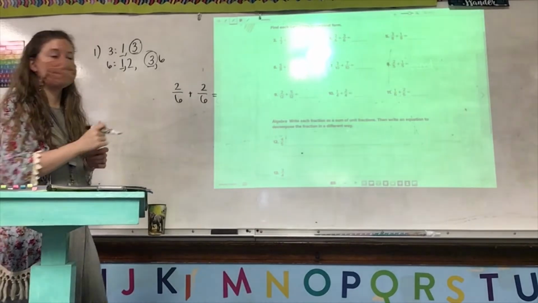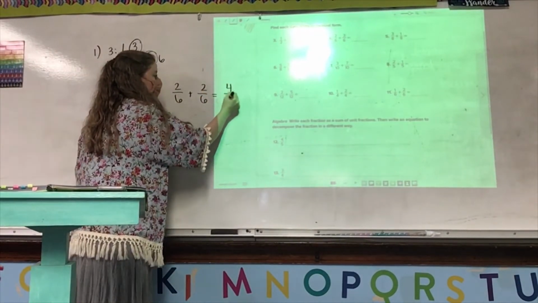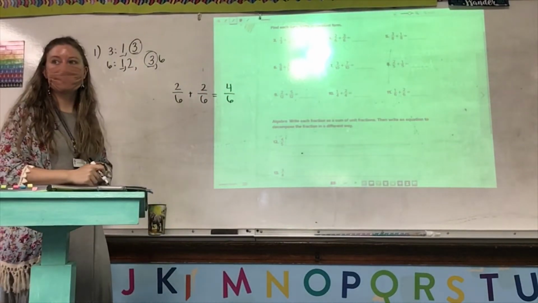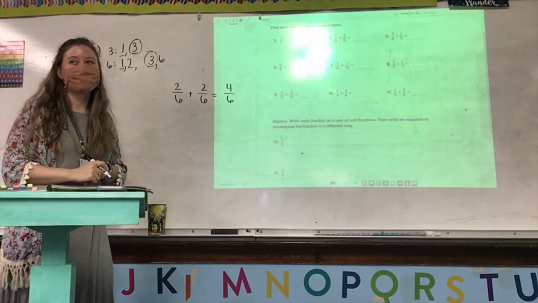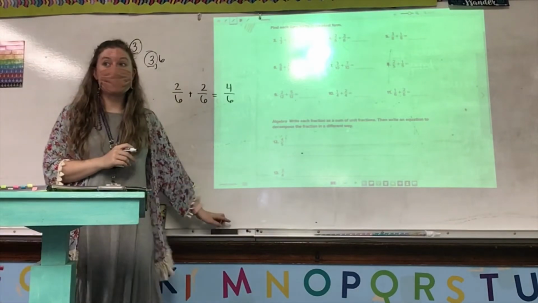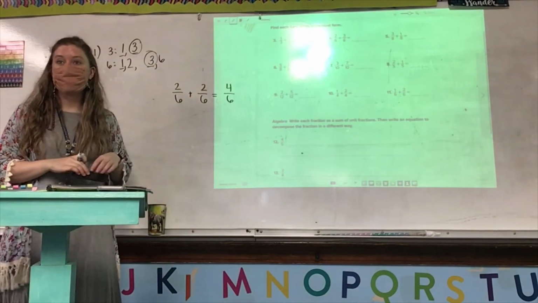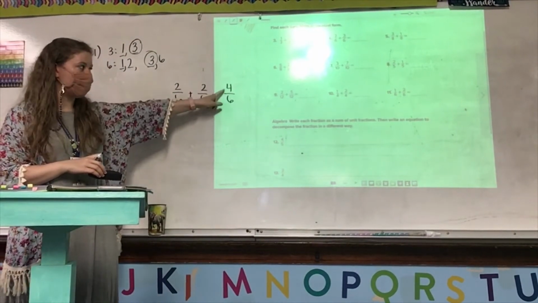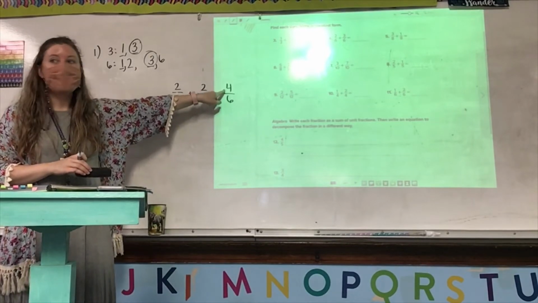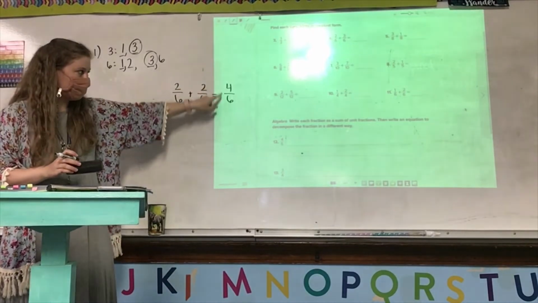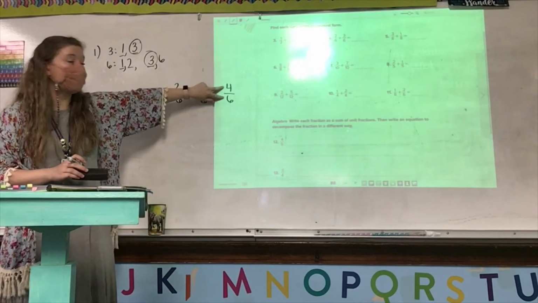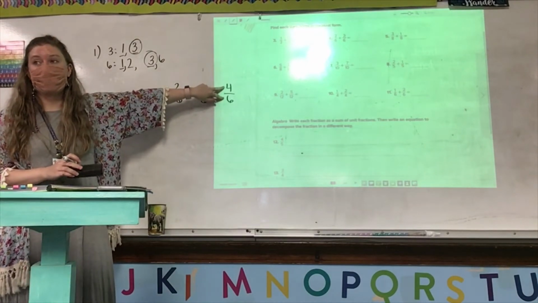What does it equal? That equals 4 sixths. Is 4 sixths in simplest form? So is that true? Nope. So we're not looking for coincidence. That's a coincidence. It's not how it always is. So do not think just because the numerators are the same, you're going to end up with an answer in simplest form, because that's not true. Look, both of these numbers are even, which means automatically they have at least what in common?